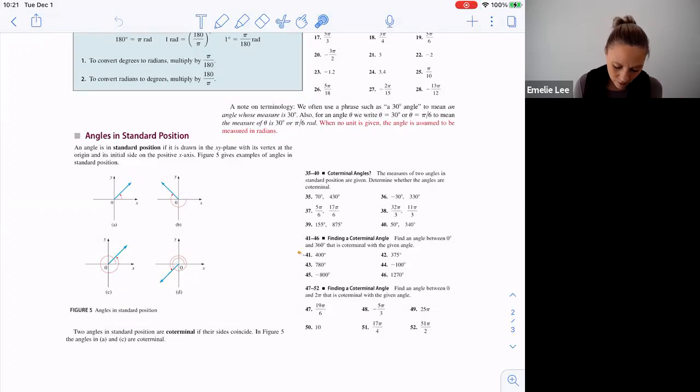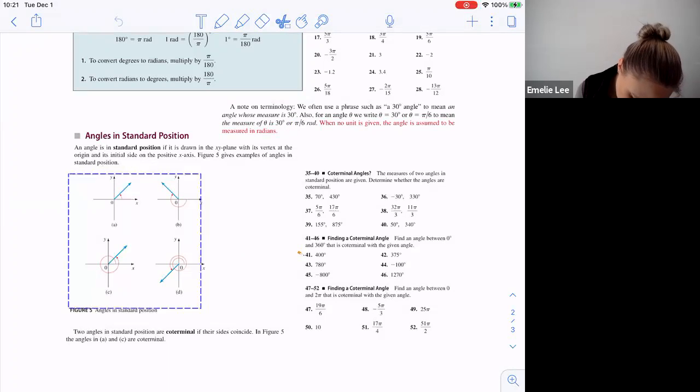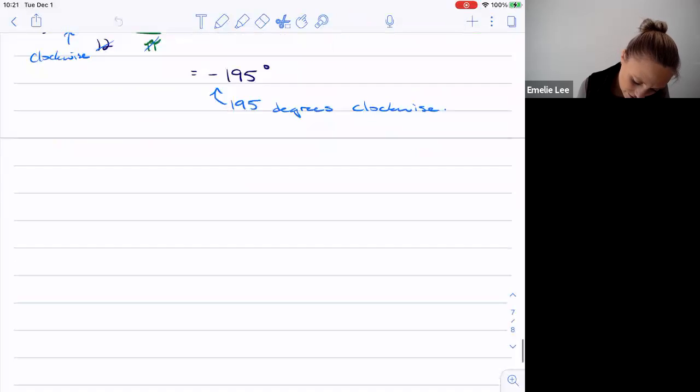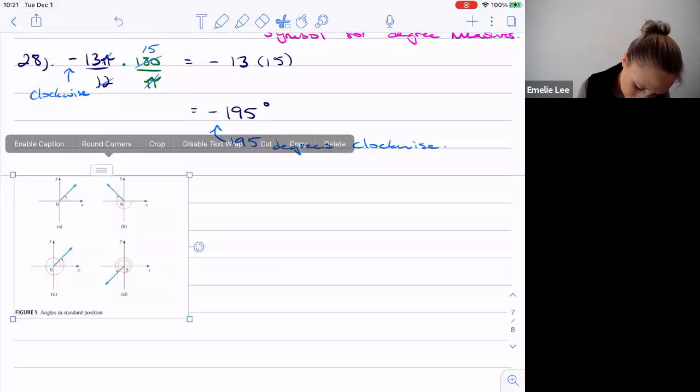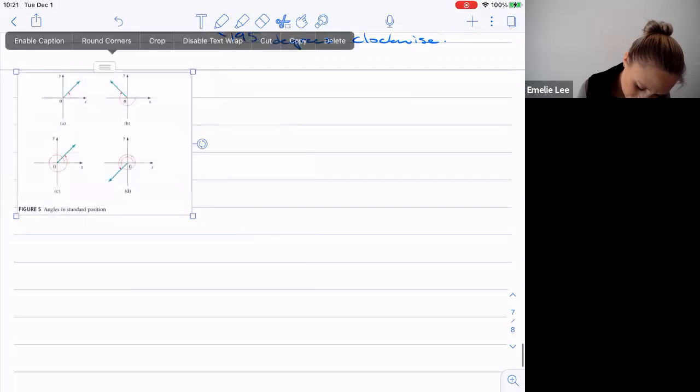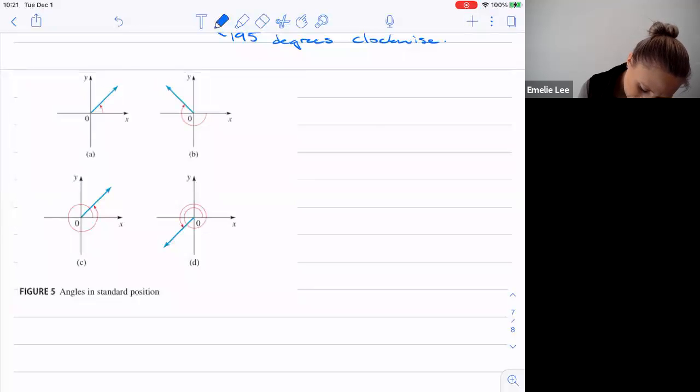We always start here on the positive x-axis, and then our angles are measured from there. So here, this is the standard position.